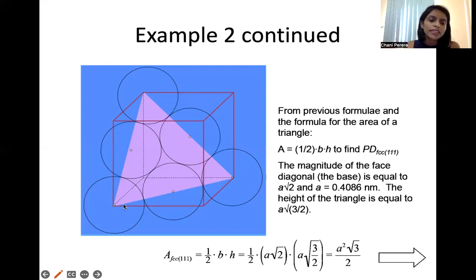Then there's one portion here, one portion here, and another portion here, so you have to calculate all these three small sections and see how many atoms in total are going to be included in that one plane.